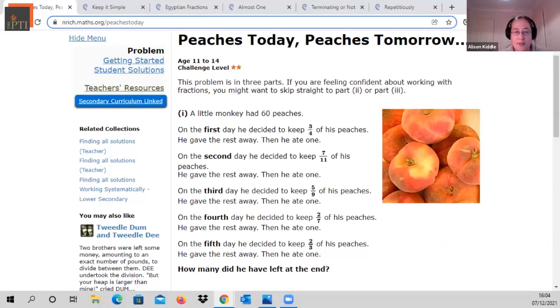So in thinking about this first part of the question and what we might do in the classroom, this would be a really good opportunity just to see where people are at the start of the lesson about fractions. I'm imagining that you might get everybody to write down their final answer on mini whiteboards.